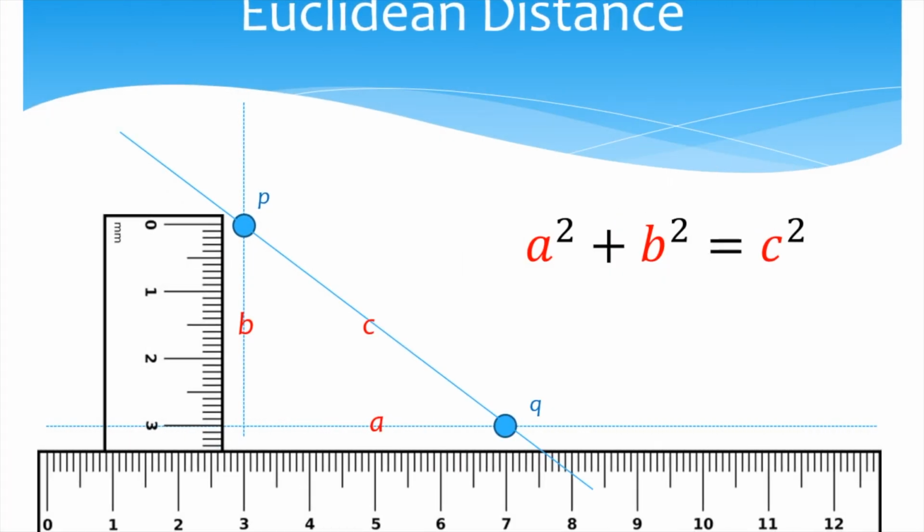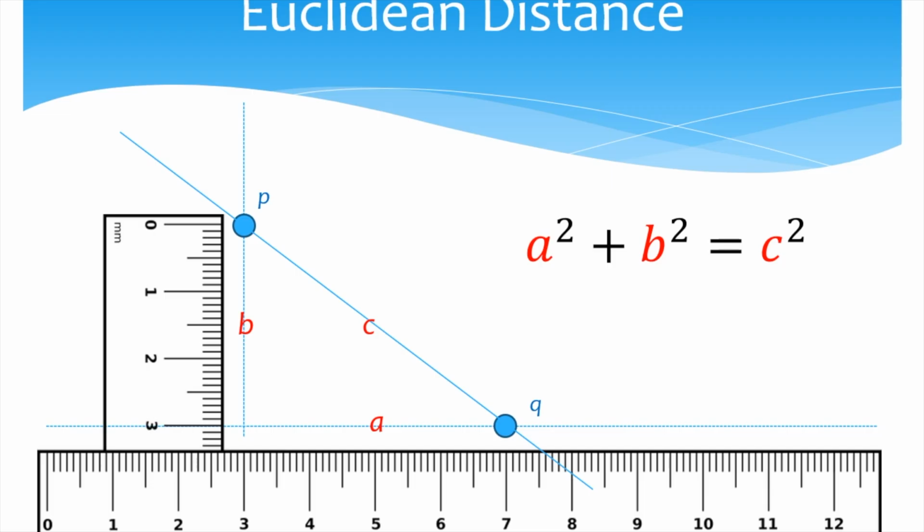We can further extend the straight line distance to two-dimensional space. Assume we have 2 points, P and Q, in a two-dimensional space as shown on the screen. We can use two rulers to measure the distances between them in terms of x direction and y direction.